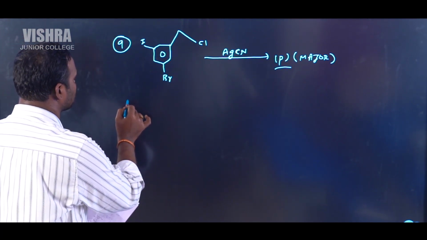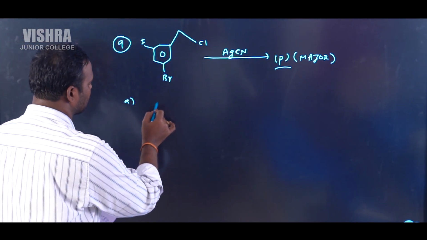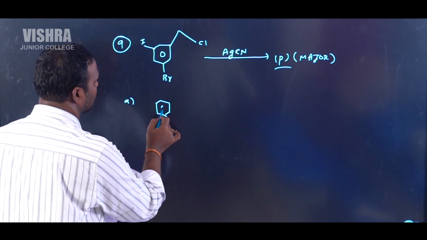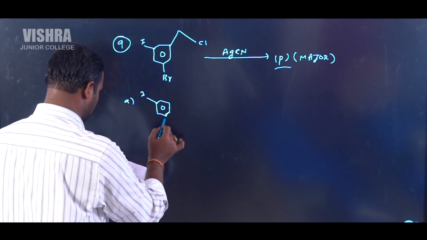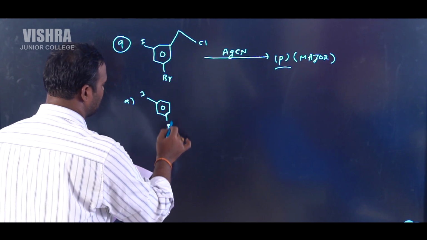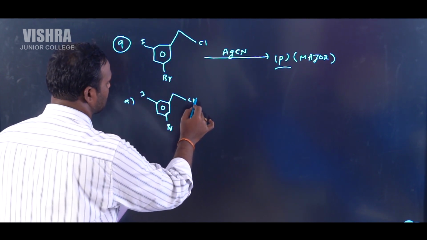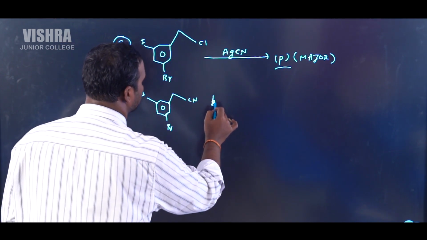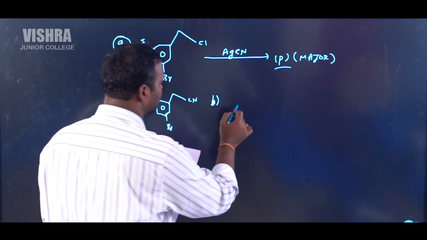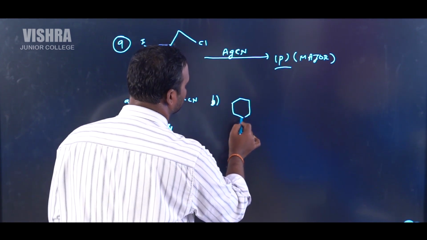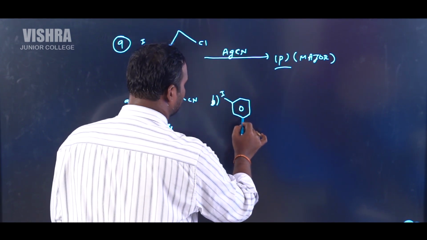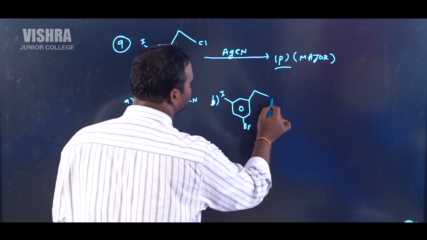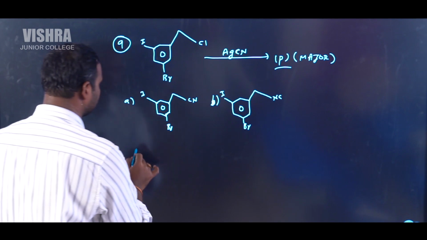First option is IBrCN. Second option is IBrNC.